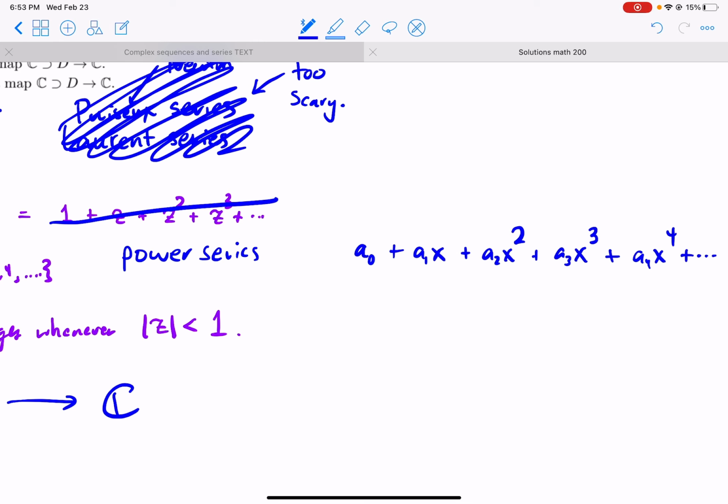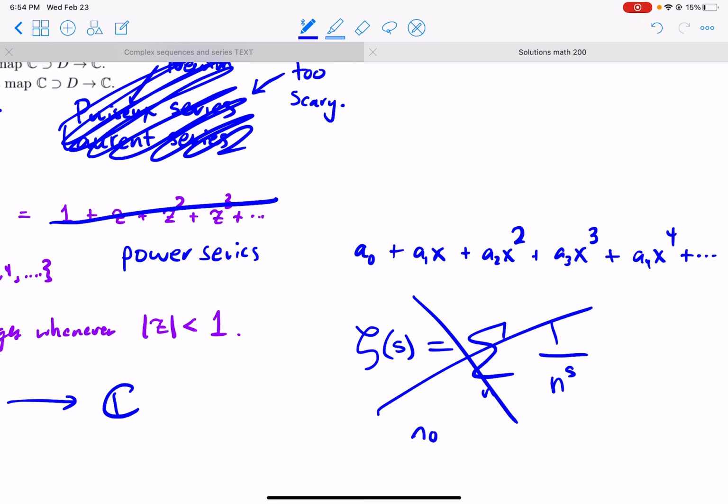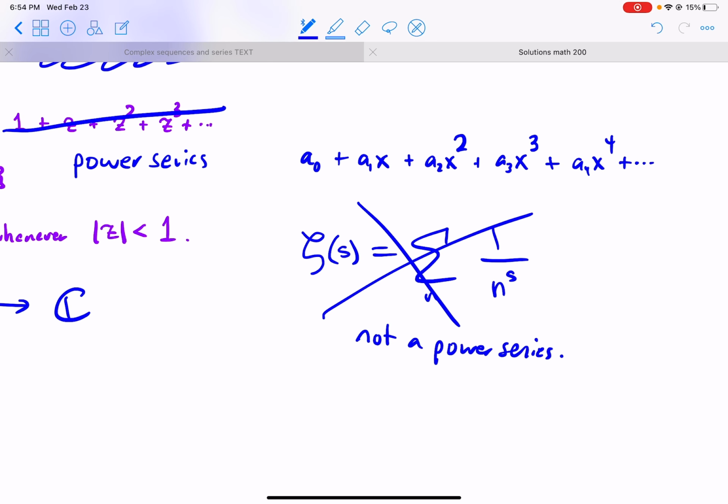So this is a power series. Here's something that's not a power series. Zeta of s is the sum over all the n's of 1 over n to the s. This is not a power series. So here's a special case.